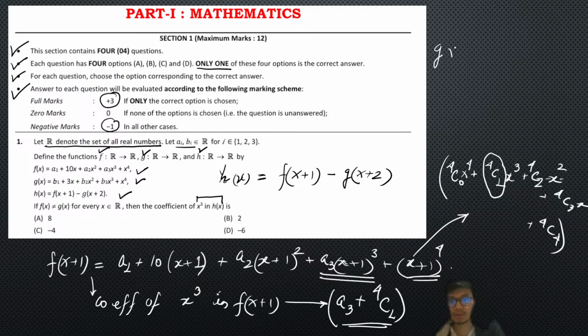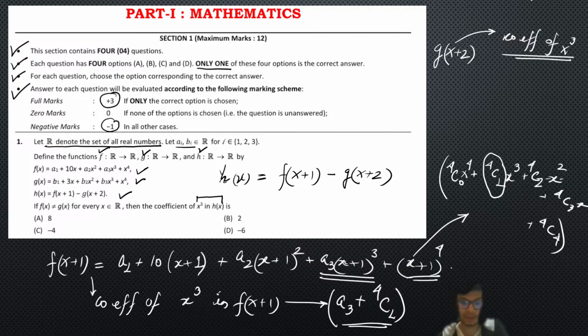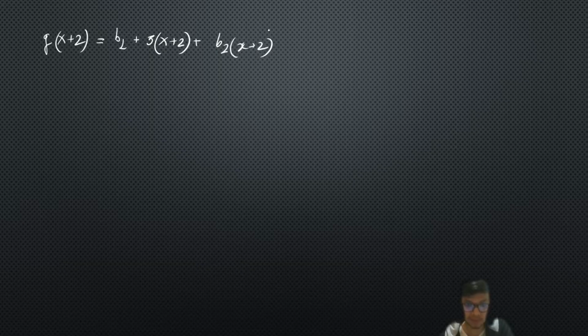Similarly, in the same notation, if you find out what g of x plus 2 is and try to figure out the coefficient of x cube in it, let's do it over here. g of x plus 2 is going to be b1 plus 3 times x plus 2, plus b2 times x plus 2 whole square, plus b3 times x plus 2 whole cube, plus x plus 2 whole to the power 4, right?